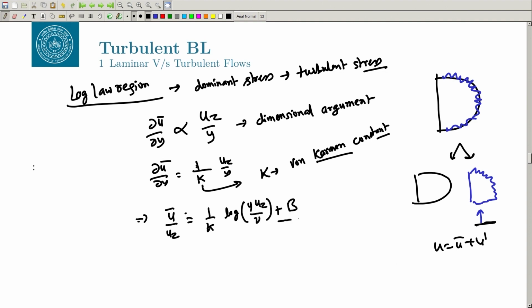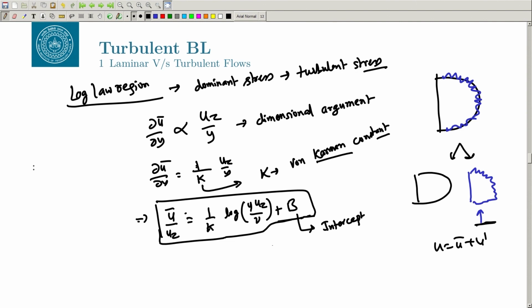This b comes because when integrated, you have an additional term. That is the term b, and this b is called the intercept.